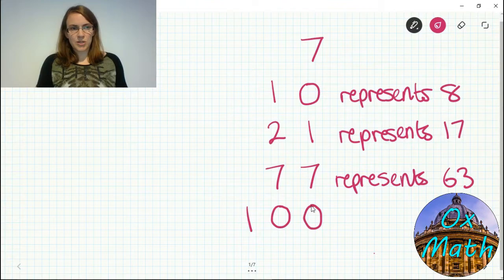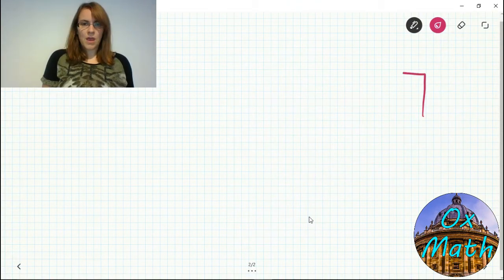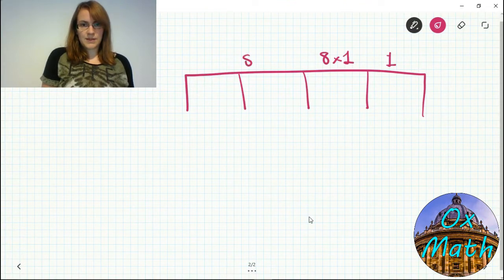So just as we do with the decimal and the binary number systems, we can formalize that using column headings. But this time we're going to use base 8. So this was 1, this was 8 lots of 1, this was 8 times 8 lots of 1, and if we were to carry on, that would be 8 times 8 times 8 lots of 1.